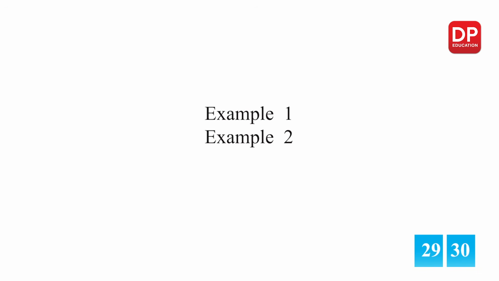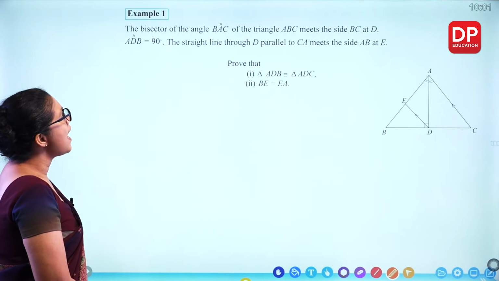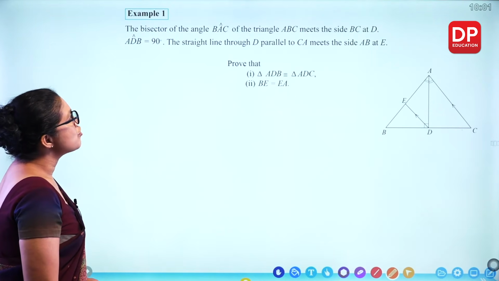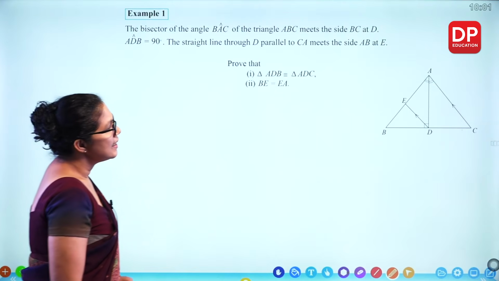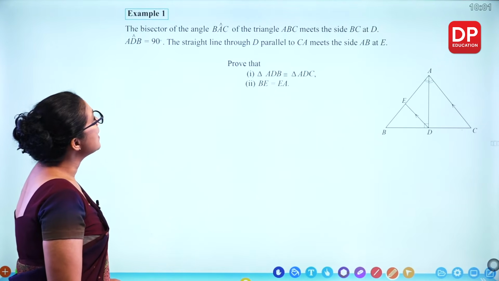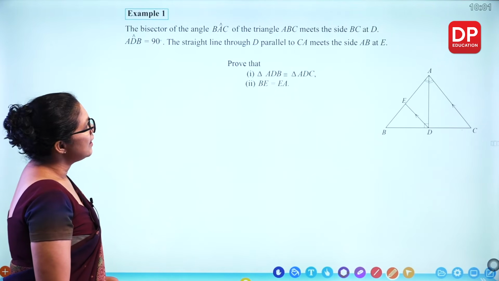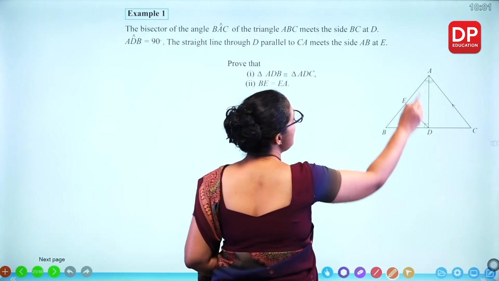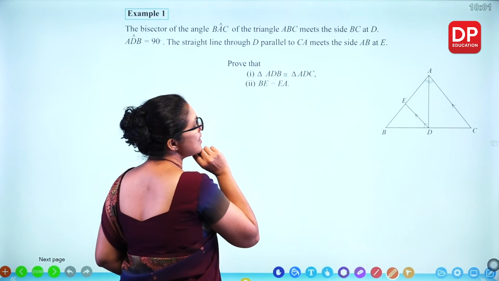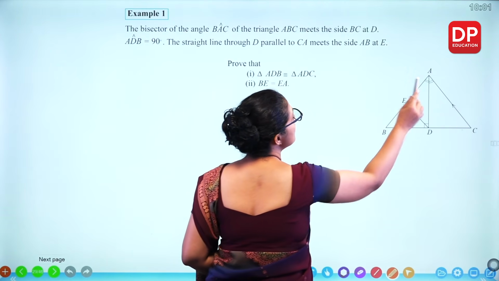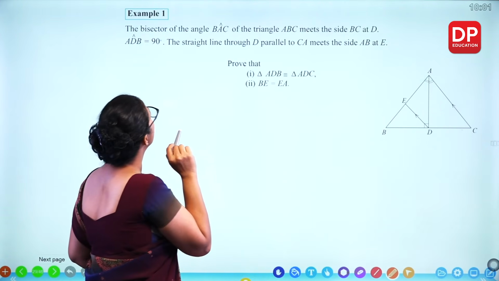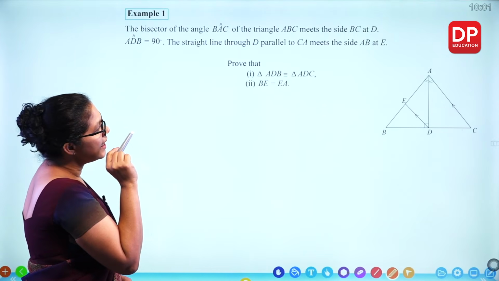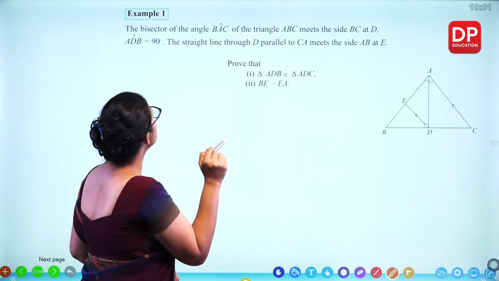In example 1, the bisector of the angle BAC of the triangle ABC, the bisector of angle A is AD. Here, this one meets BC at D. So this angle is equal to this angle. ADB is 90 degrees.